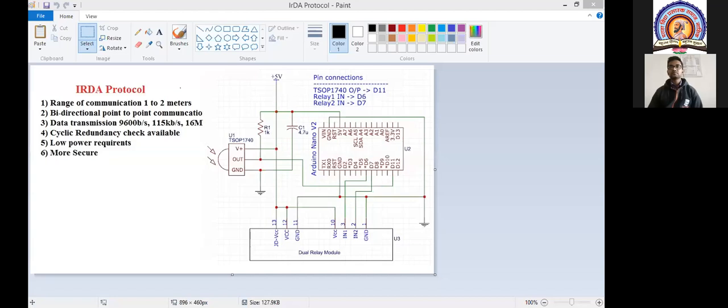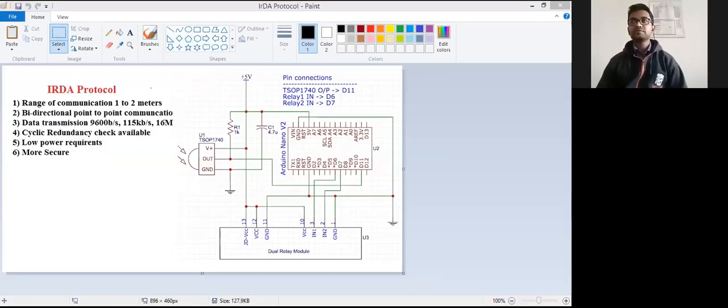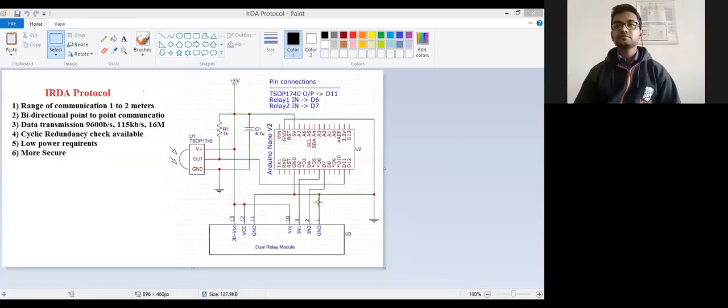As you can see in the shared screen, this is the circuit diagram and features of IrDA. Here, this is the transmitting and receiving LED.